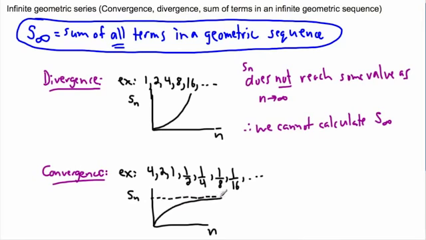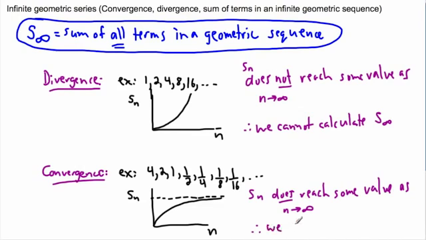Do you see how this is an asymptote? This means the graph gets infinitely close to some value. So in this case, Sn does reach some value as n approaches infinity. Therefore, we can calculate.